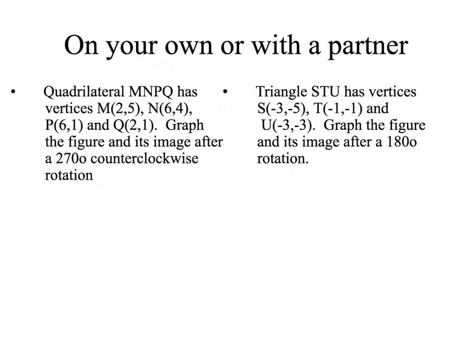Here's 2 for you to try on your own. Make sure you're watching the rotation and make sure you're watching which direction that rotation is actually spinning. So for the first one, we're going 270 degrees counterclockwise, which is actually 90 clockwise. So my formula is y comma negative x. So M prime is going to go from 2, 5, and it's going to switch to 5, negative 2.